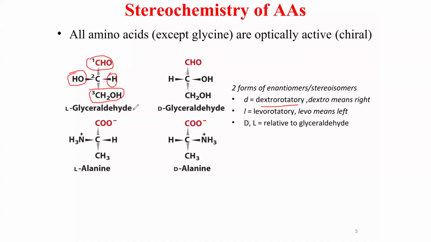So that is the difference between the L and D. Levo means left, dextro means right. So we are just looking at the compound with reference to the position of the OH group.